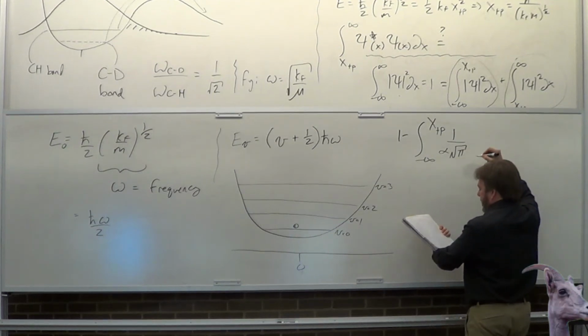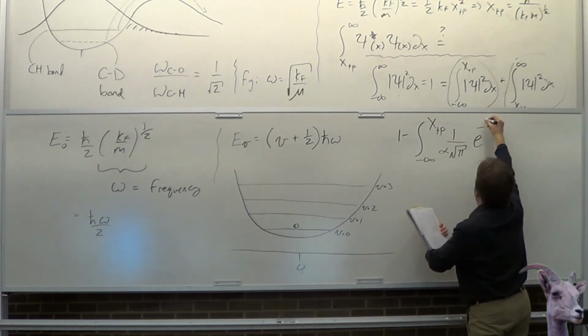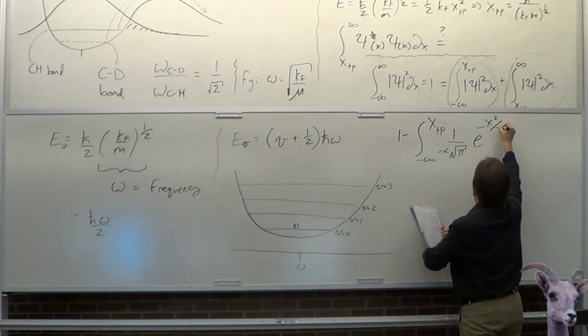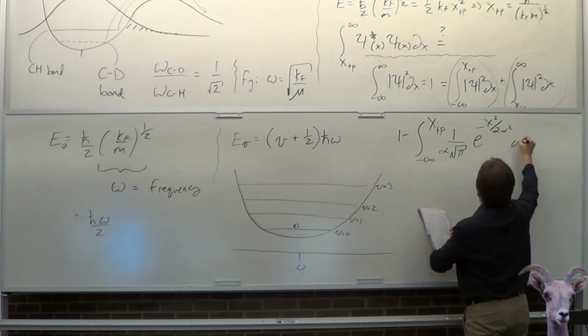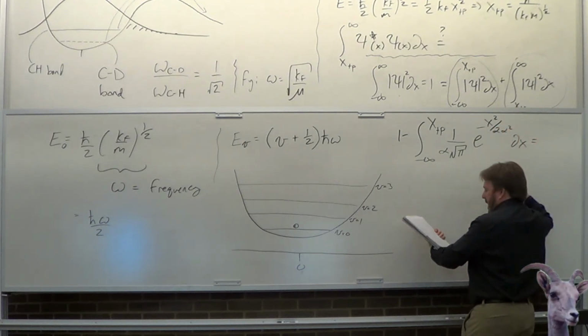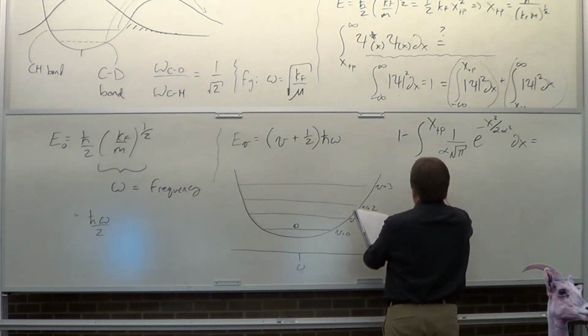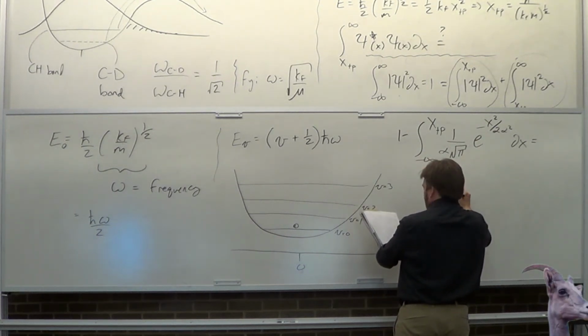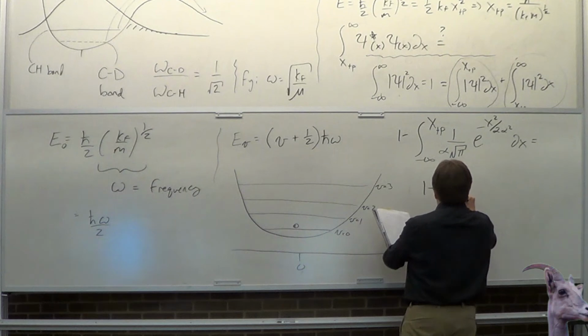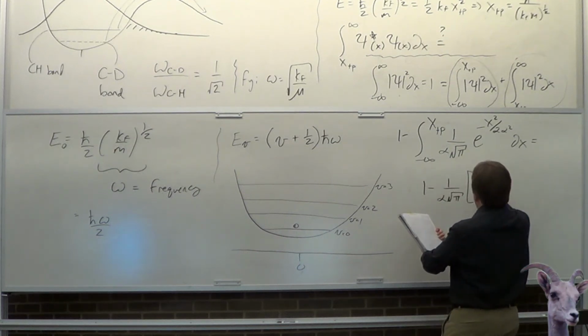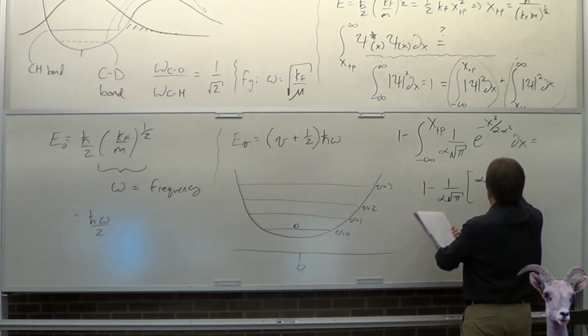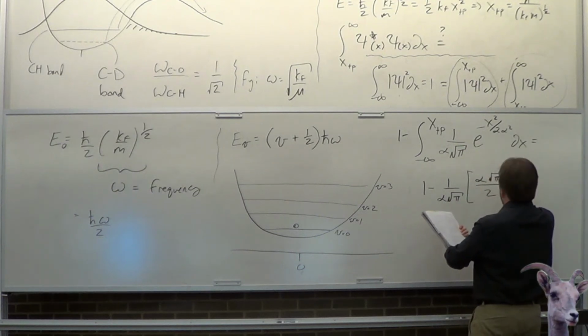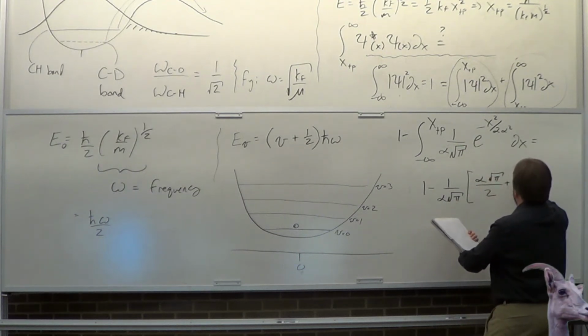This is for the ground state, e to the minus x squared over 2 alpha squared. And what this ends up being, in case you want to actually try this, is alpha square root of pi over 2 plus n.